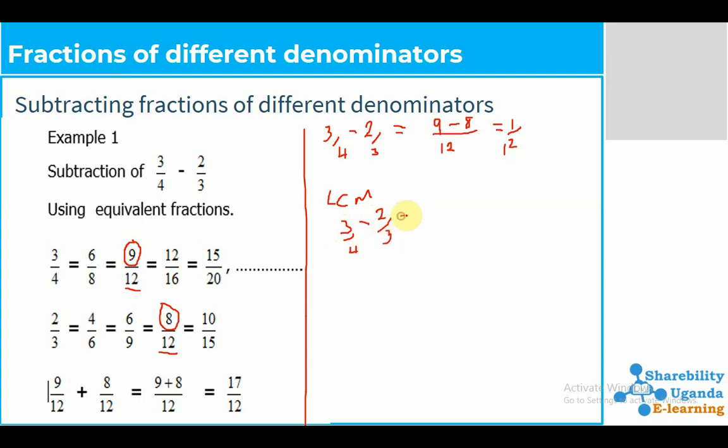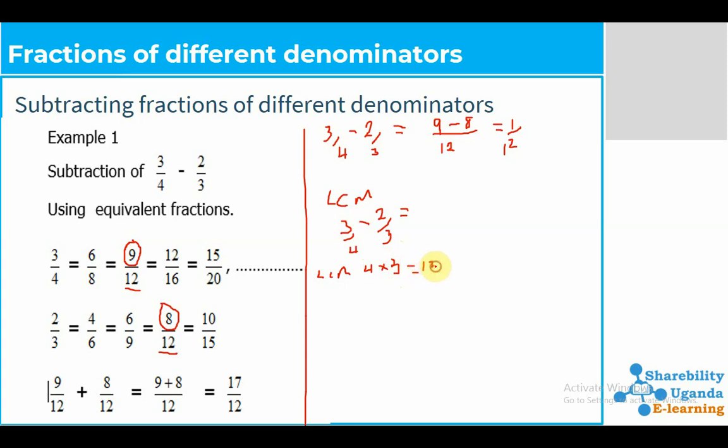So we are going to get our LCM. What is the LCM? It is going to be 4 times 3. When you get the product of this, you shall be able to get 12.